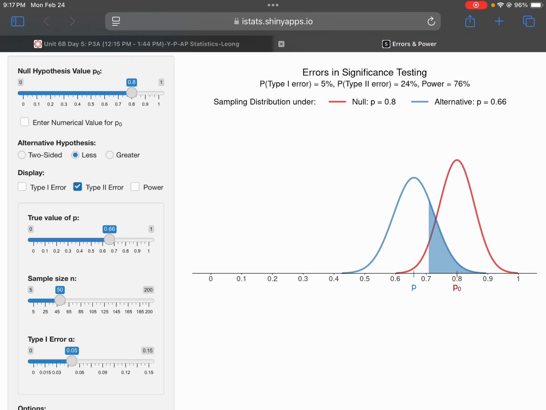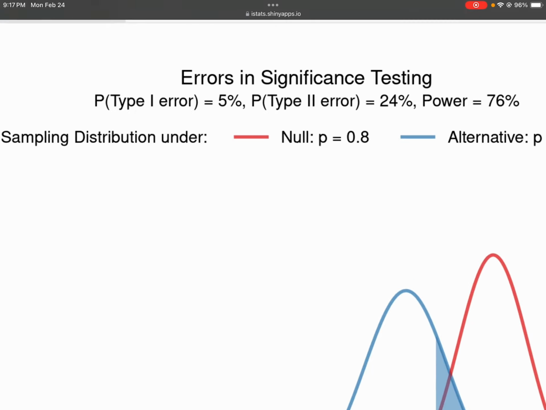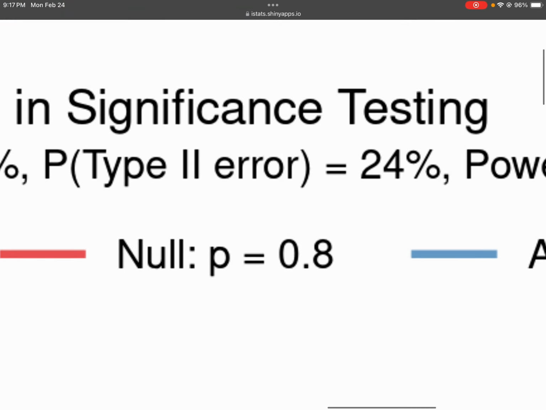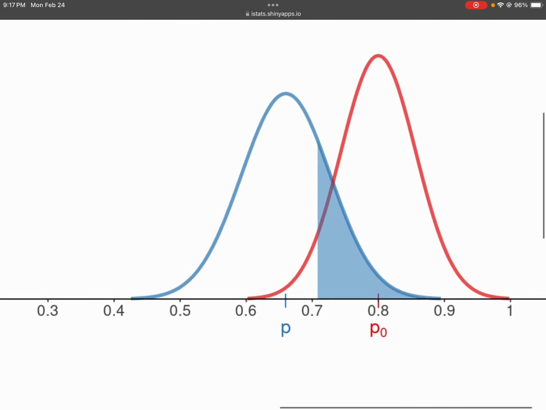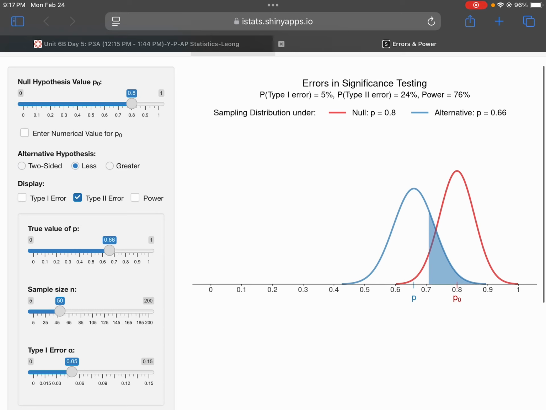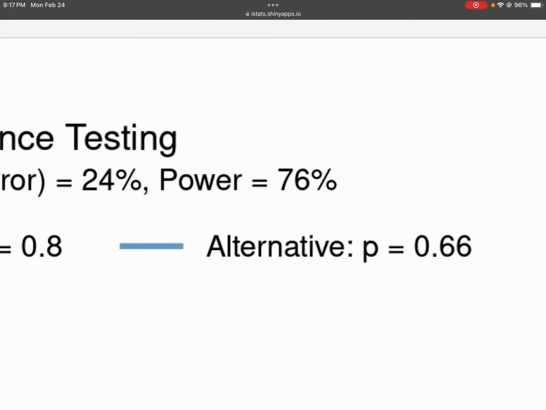You can see here that the likelihood of her making a type 2 error is 24%, and that's the shaded region here. The power, which is this green region, represents the probability of making that correct decision. Here's the power initially, 76%.